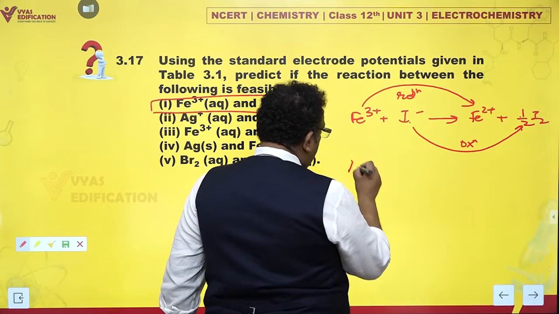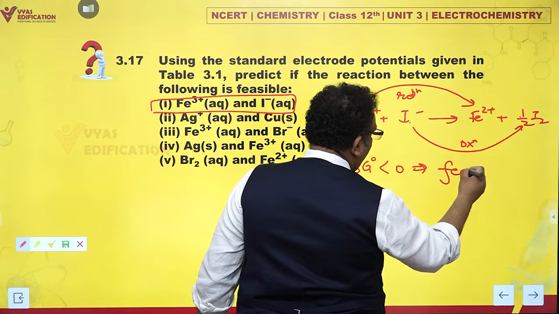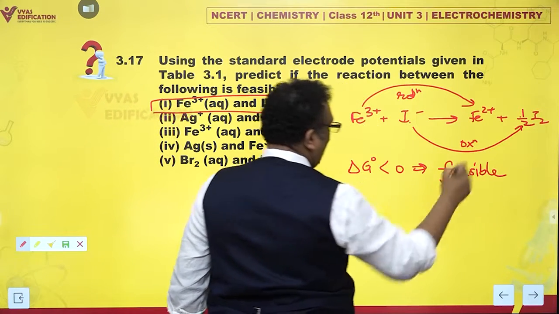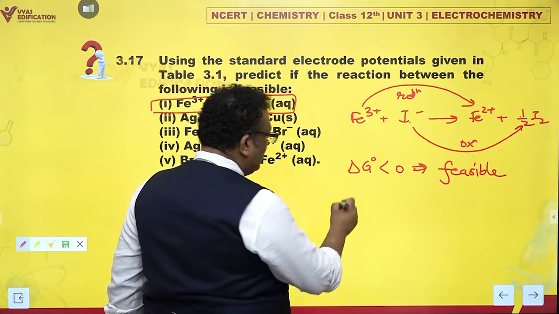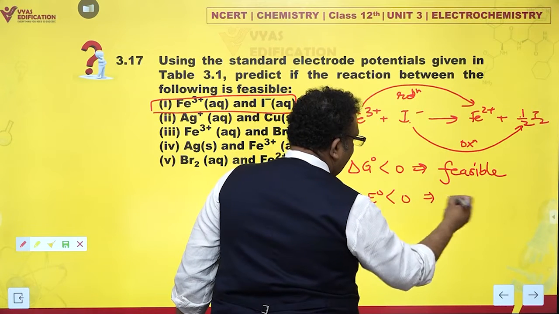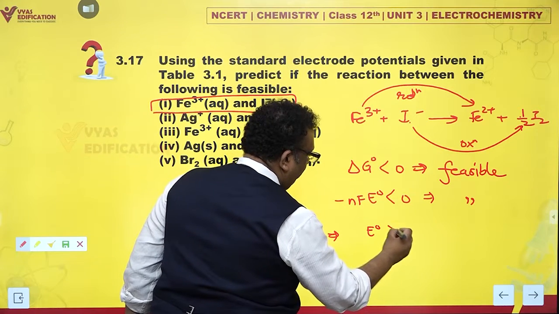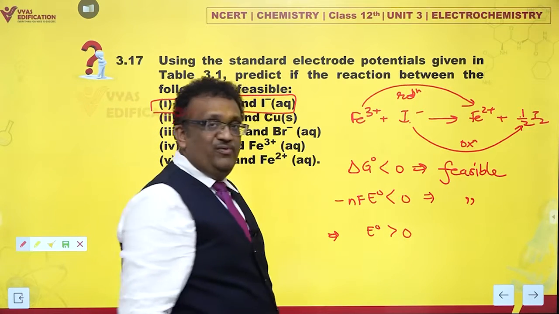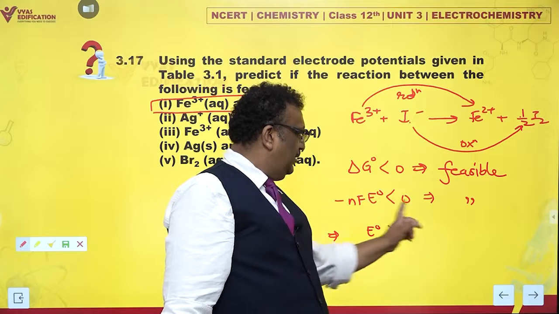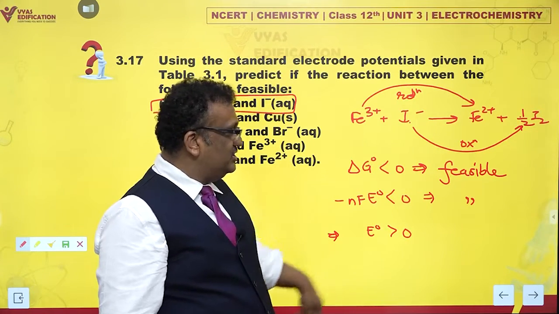How exactly? Delta G naught negative implies feasible. But delta G naught is minus nFE naught. That should be negative. That means E naught should be positive because n and F are always positive. If I multiply by minus 1, the inequality sign reverses.